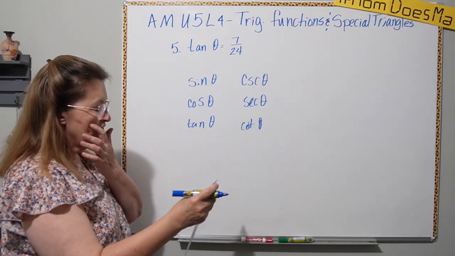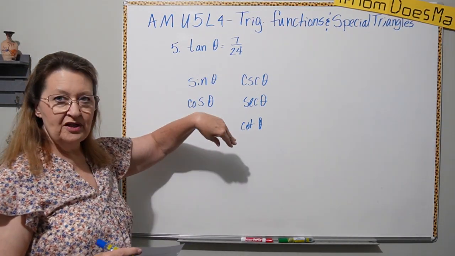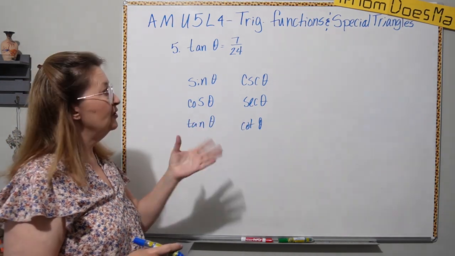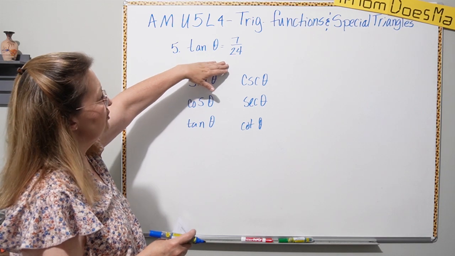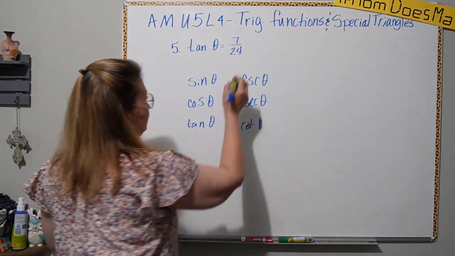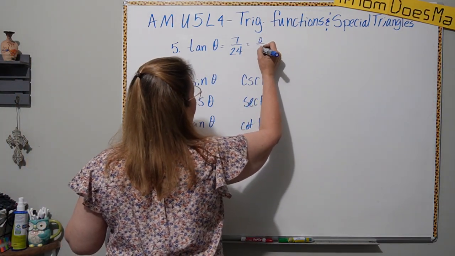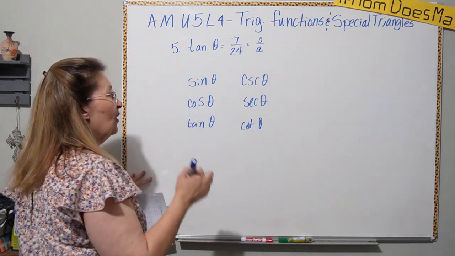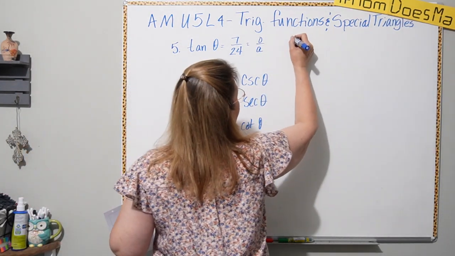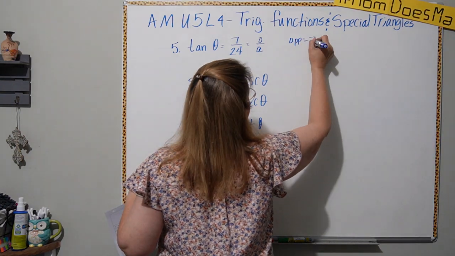Okay, on numbers 5 through 8, they don't give us a picture of a triangle. You can draw one out if you want to, but you really don't need one. So let's get the relationship here. What is the tangent function? Well, your tangent is your opposite over what? Your adjacent. So you only need 3 values. You need an opposite, which is 7.